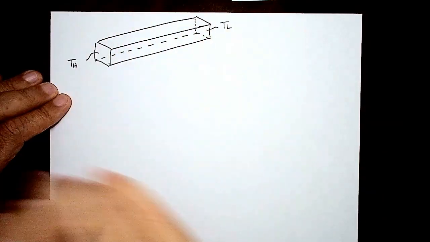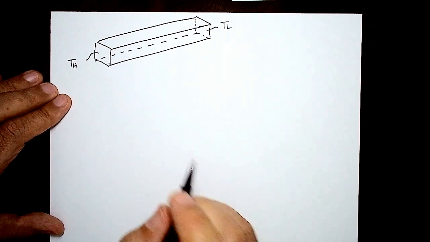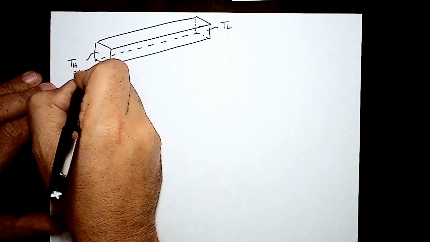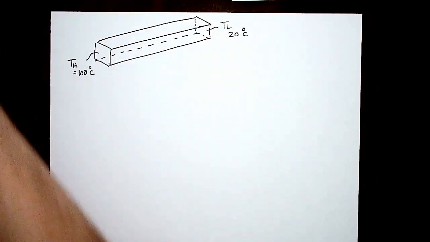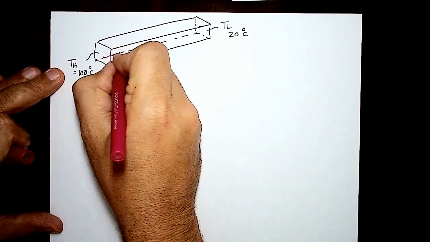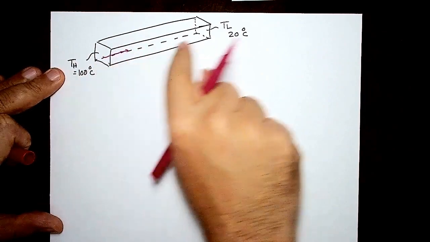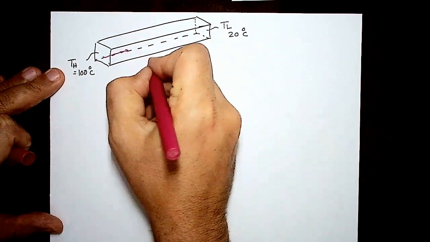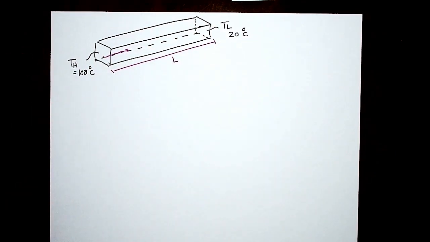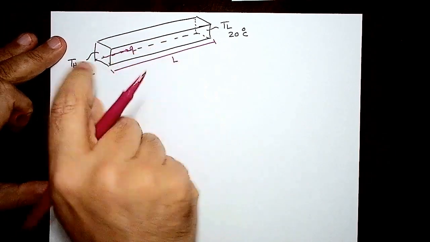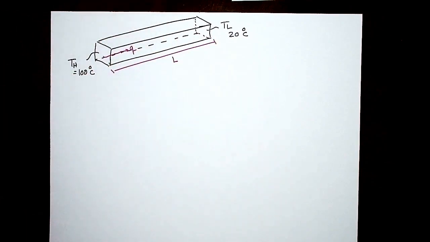Then I'm isolating all the other sides. Let's assume this is 100 degrees C. Let's assume this is 20 degrees C. Now I'm sure heat will be conducted from here to here, along the length of this bar, which has a length of L. So now I want to calculate how much Q is going to move from that face to that face, assuming the other faces are isolated.